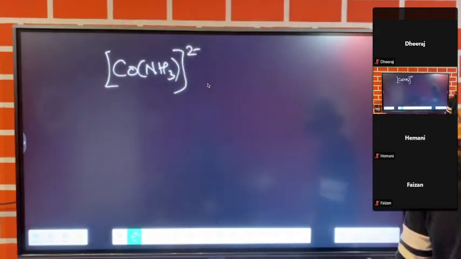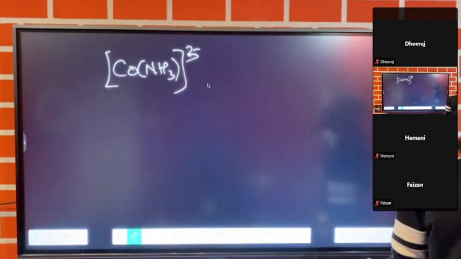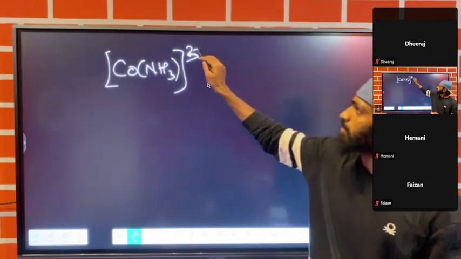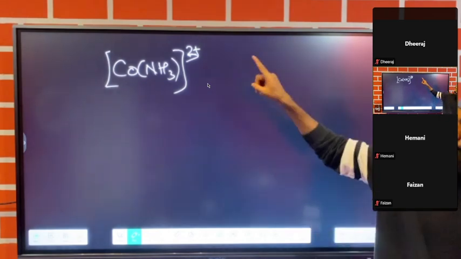Okay, randomly I'll take 3 minus, it is. Okay, this is the compound. 3 minus or plus. So okay, we'll do it plus this time. Fine. Now focus. Can it be plus on the valency?